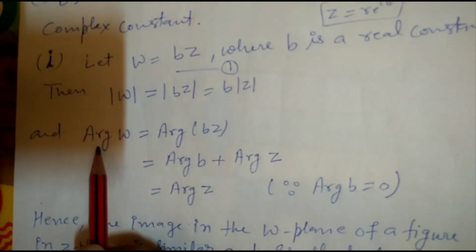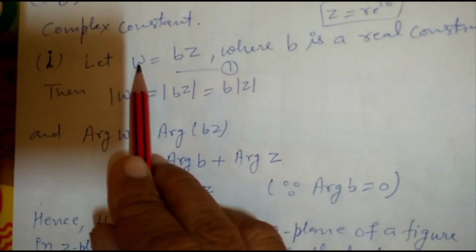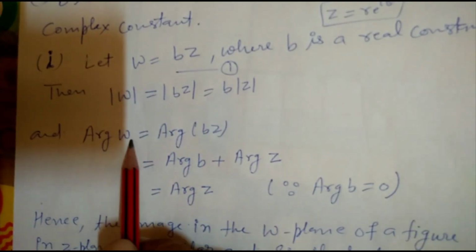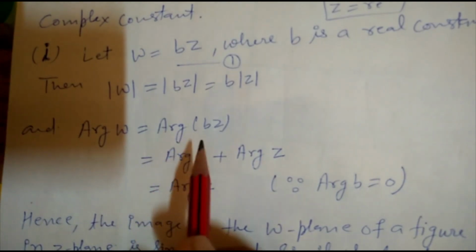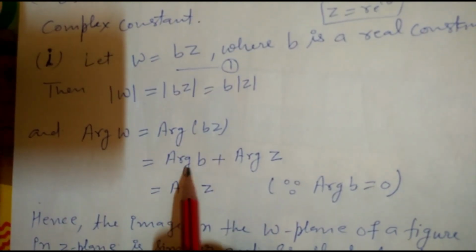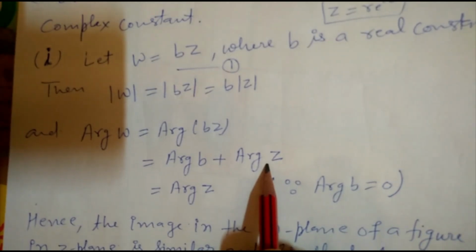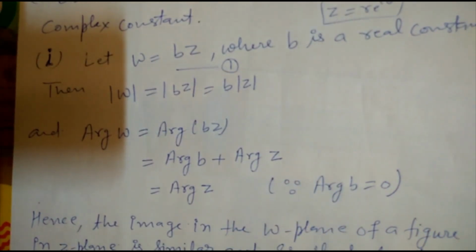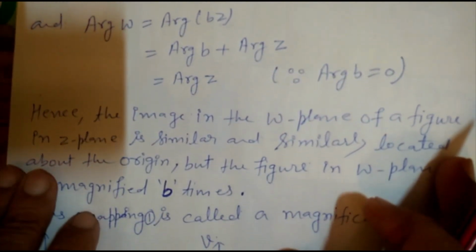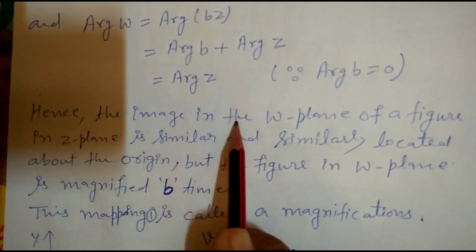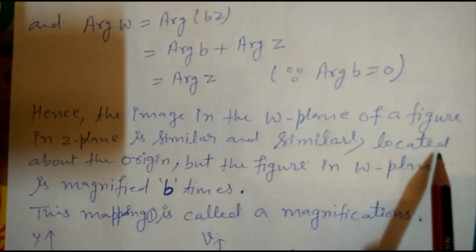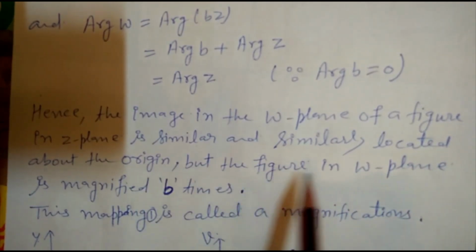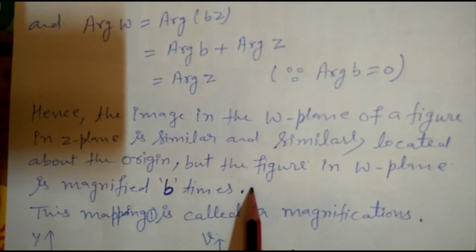And we know that the argument of the function W is equal to the argument of Bz. By the property of the argument, the argument of Bz is equal to the argument of B plus the argument of Z. As we know, the argument of any real constant is 0, so in that case the argument of W is equal to the argument of Z. Hence the image in the W plane of a figure in the Z plane is similar and similarly located about the origin, but the figure in the W plane is magnified B times.